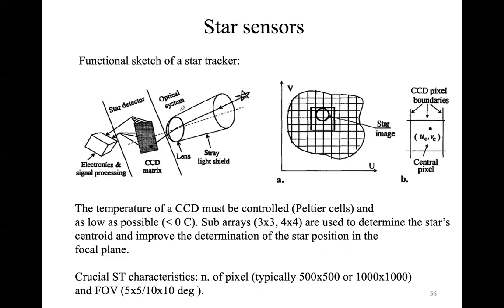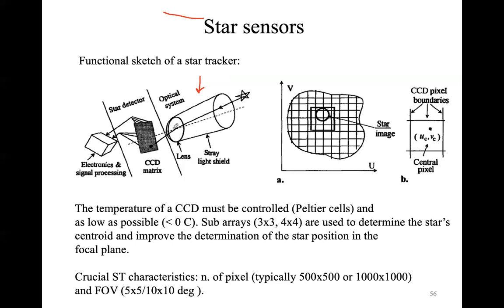So these shields are usually used to ensure that part of the field of view is protected. If you have the Earth here, you are able to look at the stars because part of the light reflected by the Earth is shielded by this part of the instrument. Same thing for the sun and so on.